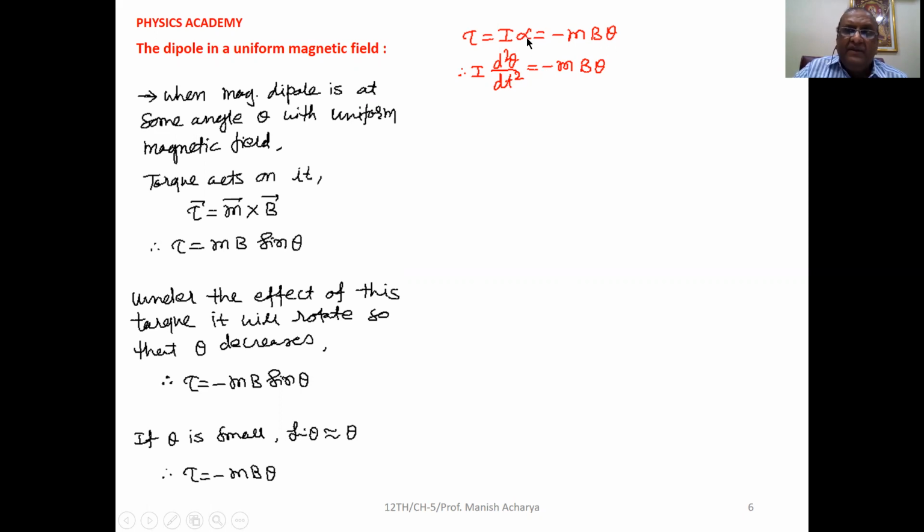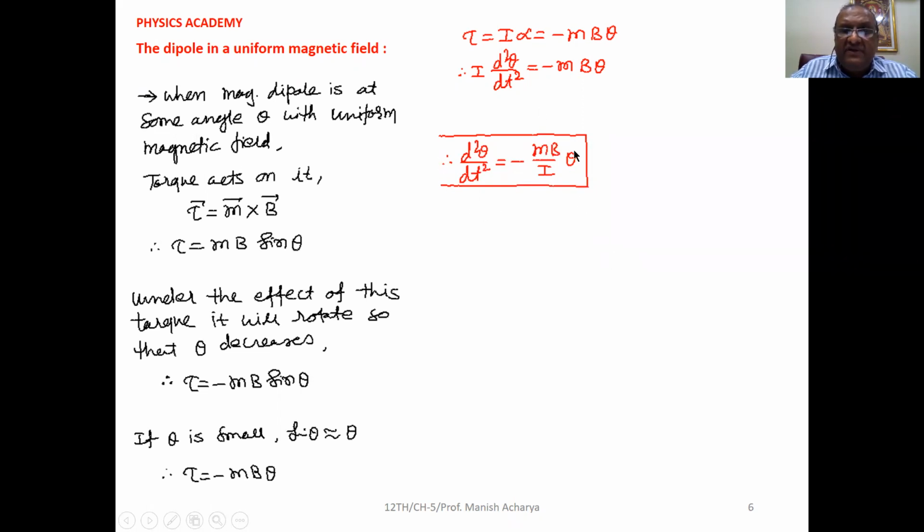But alpha, the angular acceleration, is the second time derivative of angular displacement with respect to time t. So we can write I d2 theta by dt2 equal to minus MB theta. Taking I to the right hand side, d2 theta by dt2 equals minus MB upon I into theta.